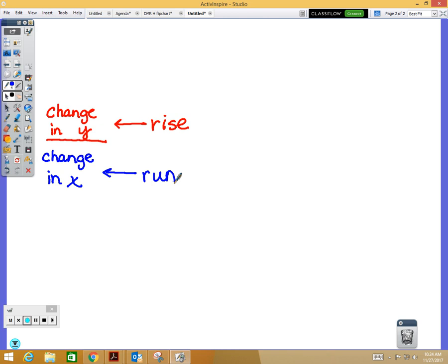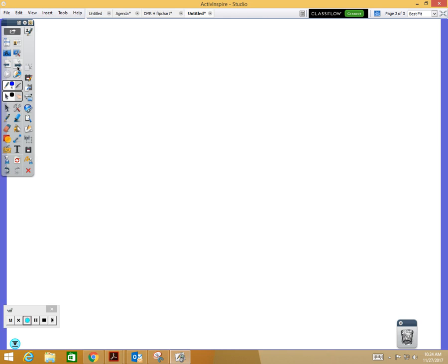Now the abbreviation for slope doesn't make much sense, but the abbreviation for slope is m. I don't know, I didn't make it up. So the abbreviation for slope is m, and the formula is, on top we're going to do y2 minus y1.